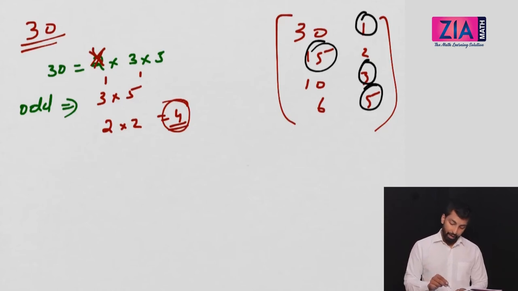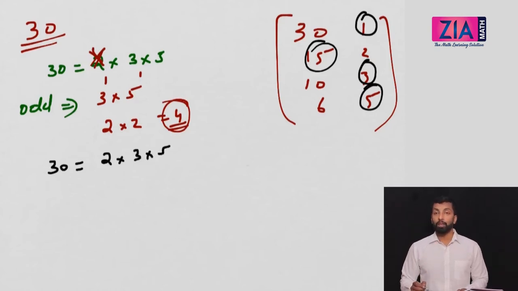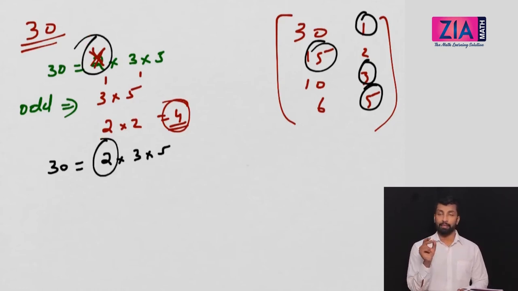But the other way in which you can find it is: 30 you write prime factorized as 2 into 3 into 5. Now, you need to apply the formula of the number of factors. But this 2 is what is making the change in both cases. So in case of the number of odd factors, you remove 2. In case of the number of even factors, when you're applying the formula, all these powers are 1, 1, 1.